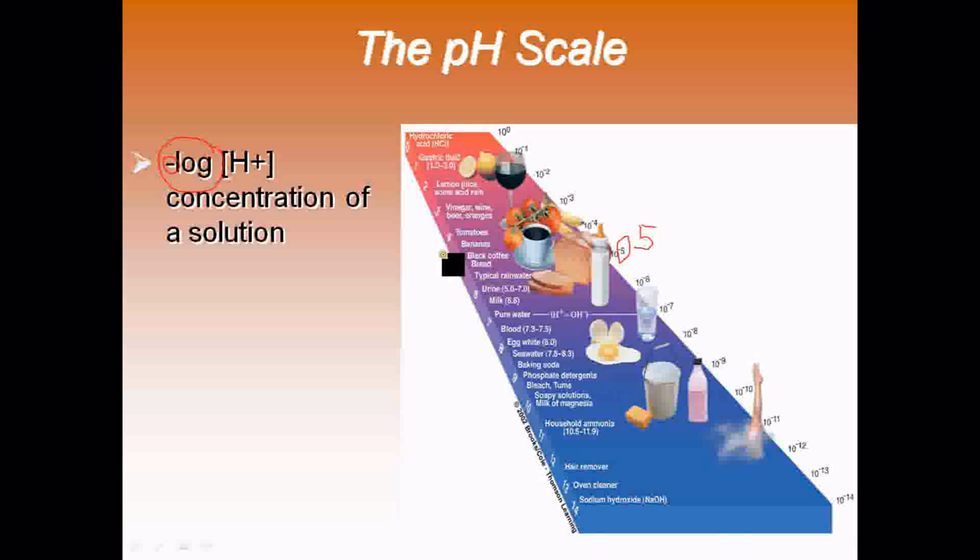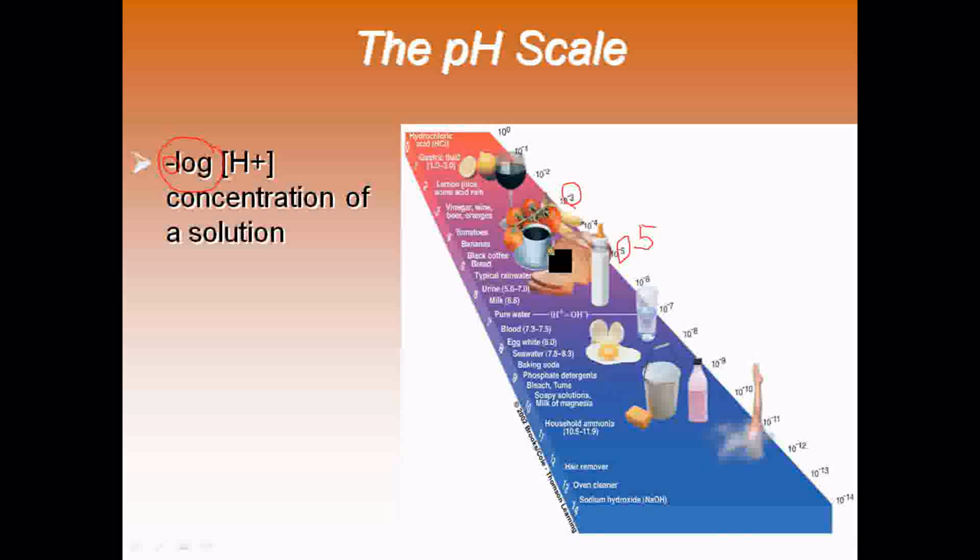So in reality, solutions that have a lower pH actually have more hydrogen ions, because 10 to the minus 3 is 100 times more than 10 to the minus 5. Just keep that little chemistry lesson in mind.